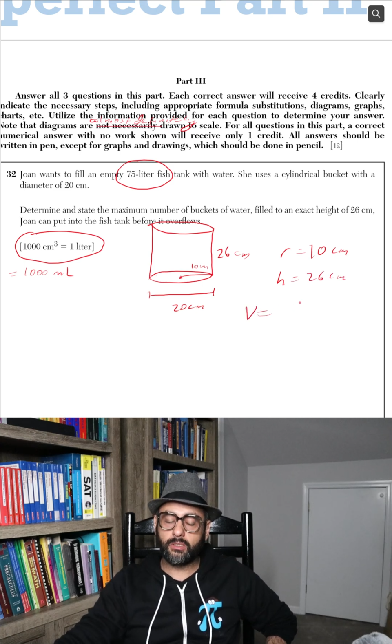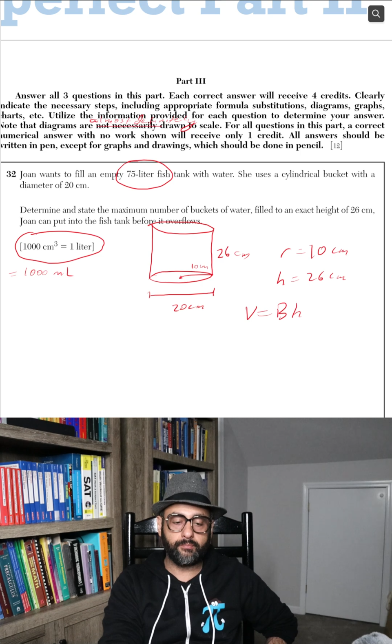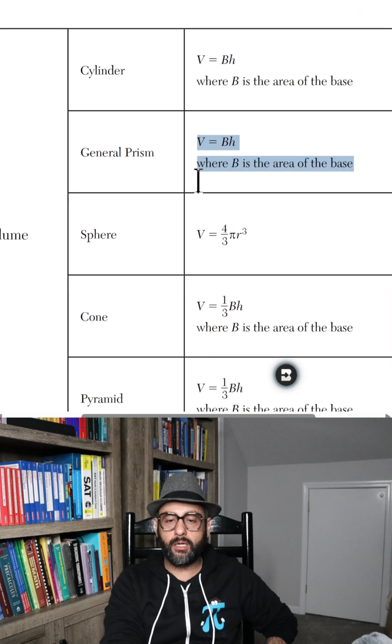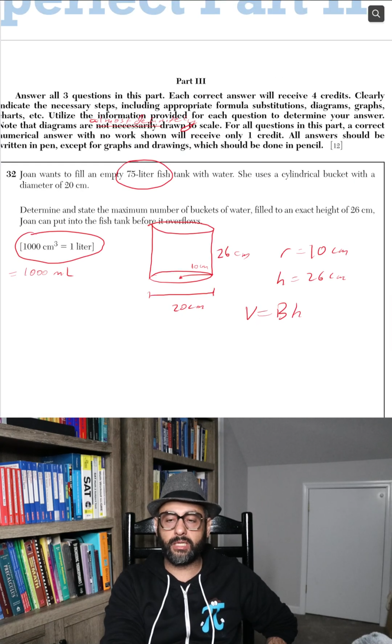Volume is equal to, again, base times height according to the formula sheet on the Regents. This is the volume of a general cylinder, I believe is what they said. B is the area of the base.